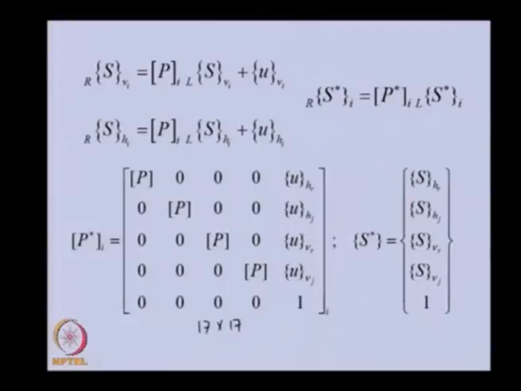You can see that the state vector for such a case is this in the horizontal plane, and this in the vertical plane, the real part and imaginary part. So the size of this state vector is again 17 into 1. This will be the same for the field matrix state vector also.